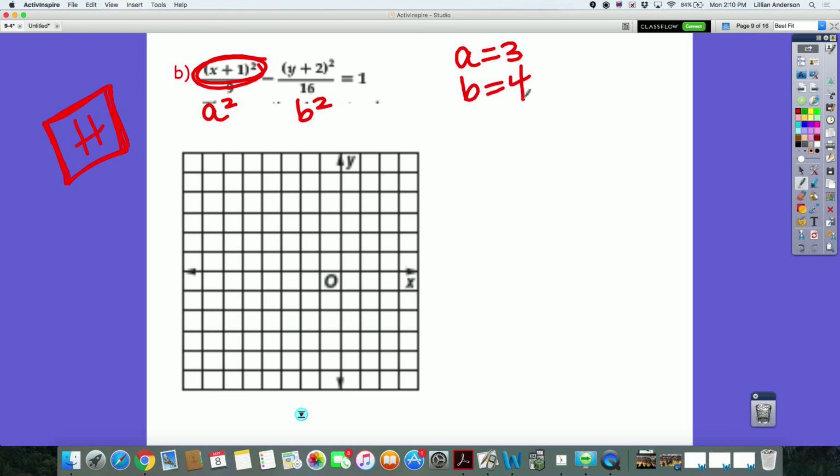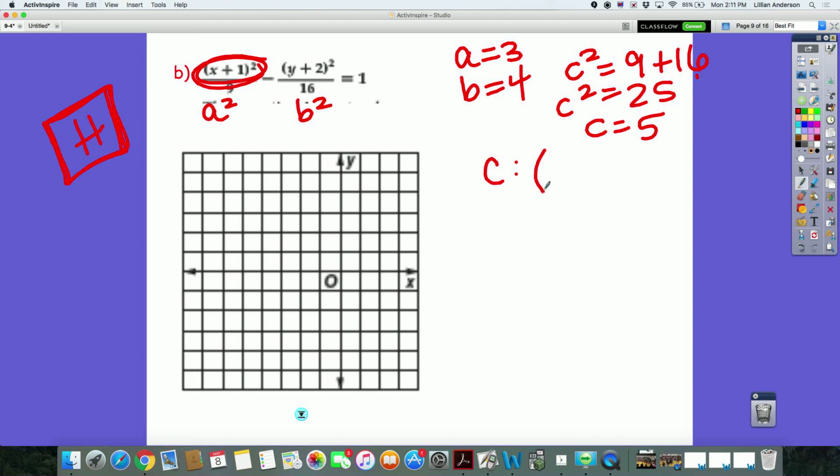Let's go ahead and find c so we'll be good to go when we get to our foci. c squared equals a squared plus b squared. c squared equals 25, so c is 5. Let's pull out our information, our center (h, k). h is negative 1, k is negative 2, so our center is at (-1, -2).